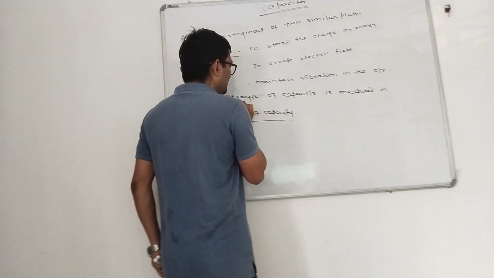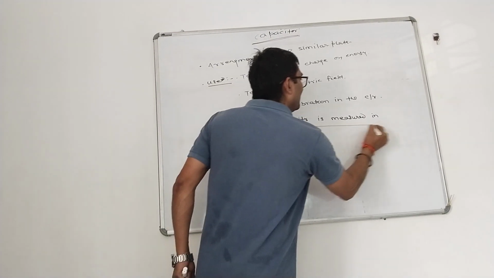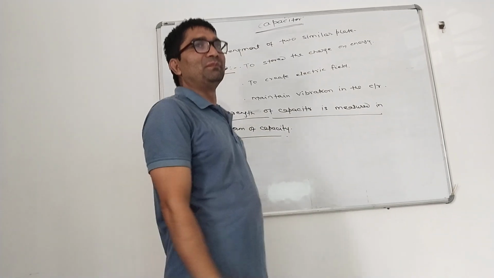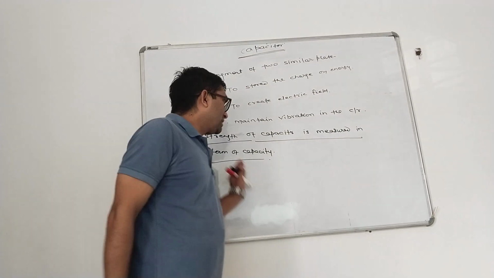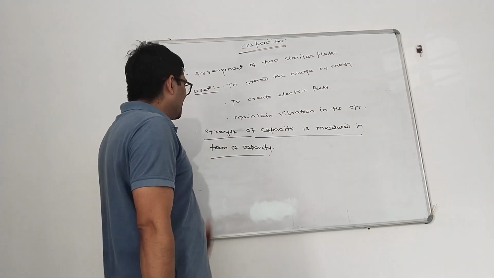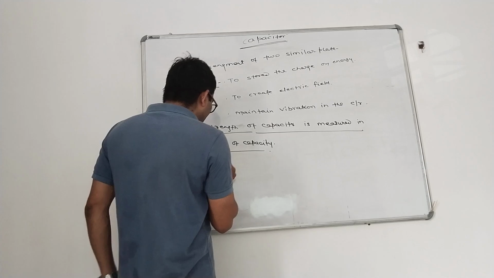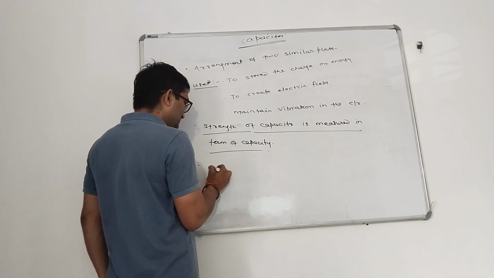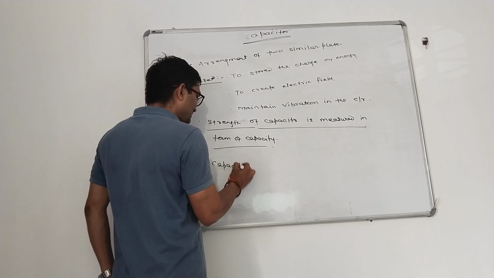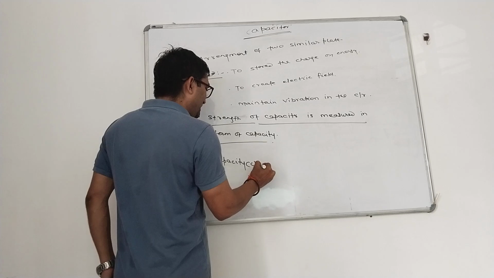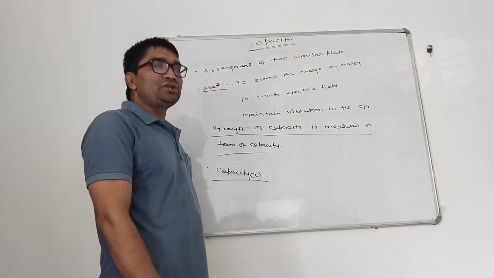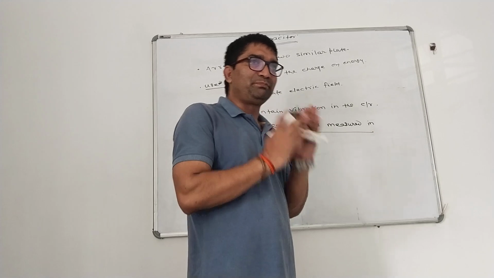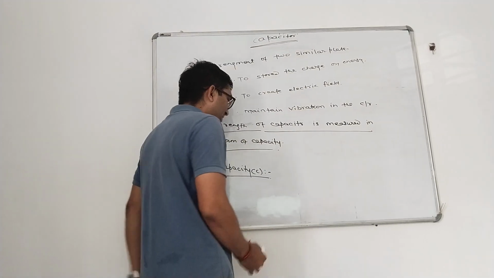Like the strength of an engine is measured in terms of efficiency and a lot of things related to this one. So capacity is basically defined as the charge stored in capacitor per unit potential.